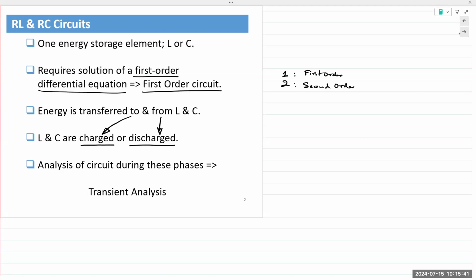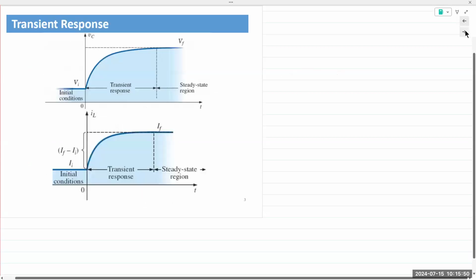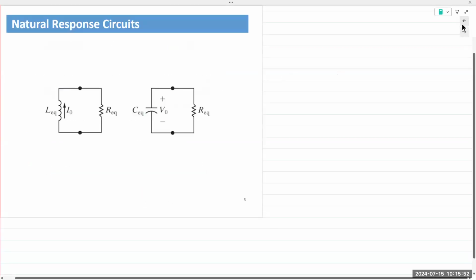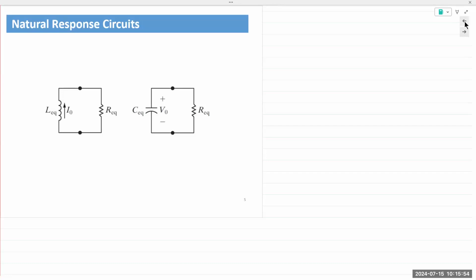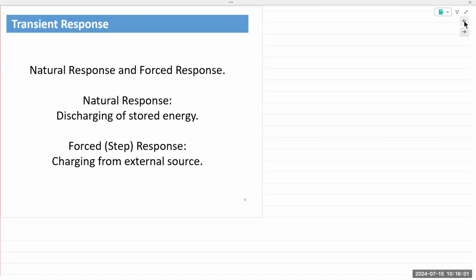Okay, so analysis of the circuits during these phases is transient analysis. There are 4 kinds of circuits, depending on whether they are being charged or discharged. And the response of these circuits is known as natural response or forced response.